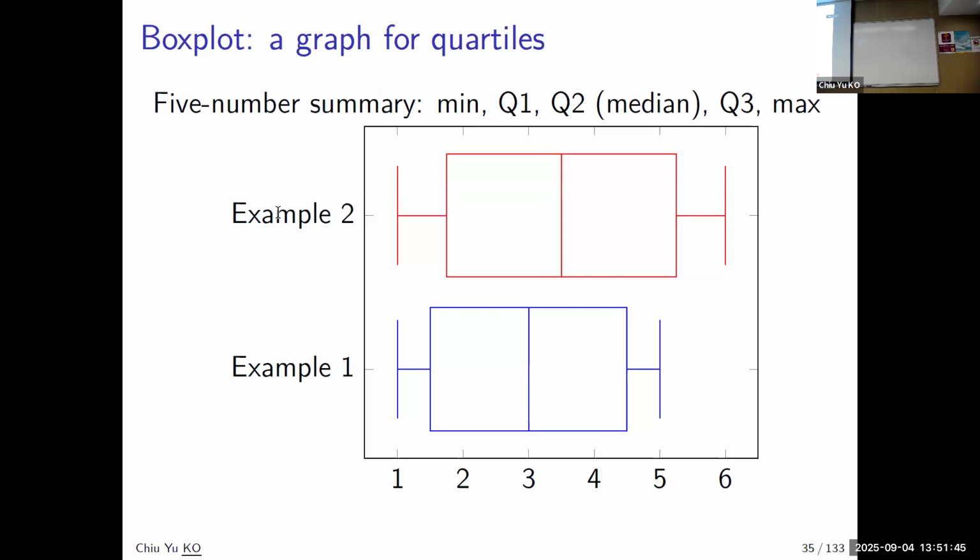Sometimes the maximum will be called Q4 and the minimum Q0. But anyway, the distance between these is the range. The distance between these is the interquartile range, and this is the median. So this box plot is very useful when you try to present your data to other people.